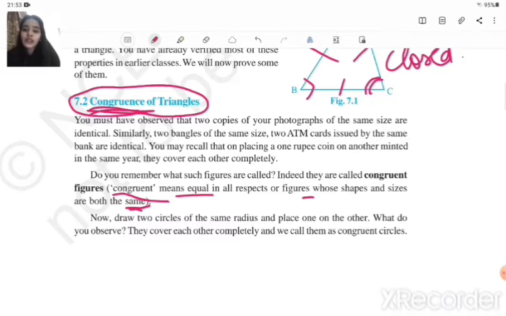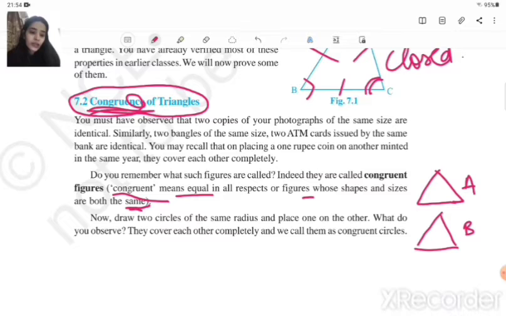Something which is similar in this way is congruent, and the term that tells us these figures are congruent becomes congruence. Like we have a triangle A and a triangle B. If we compare, they are similar triangles. The size is the same, the shape is also the same, so we can say that A and B are congruent figures.